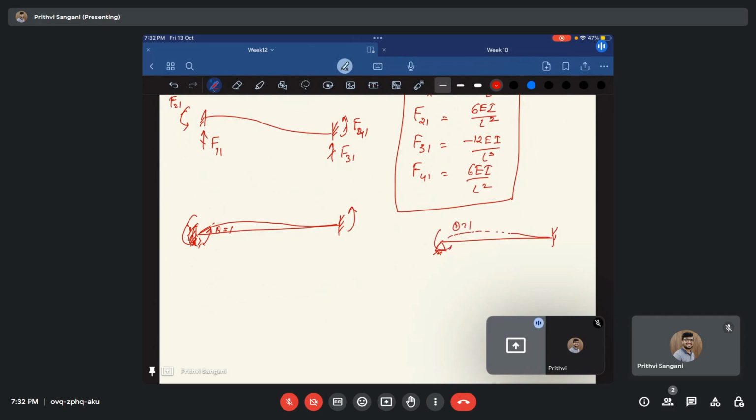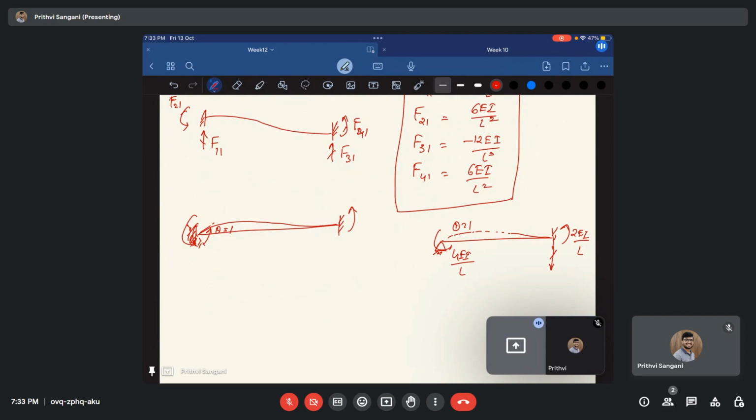Theta equal to 1, so it will generate a 4EI theta by L moment over here, and this will have a half, right? You have a carryover factor. So 2EI by L coming here, and this is complete. This is rotating this end in anti-clockwise direction, so you should have a clockwise moment to resist this.